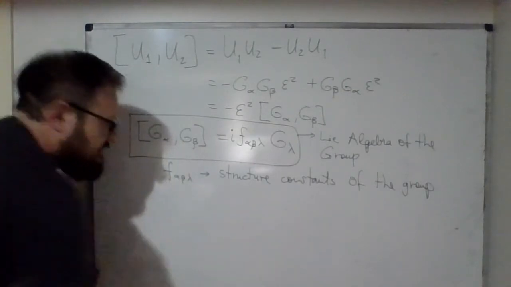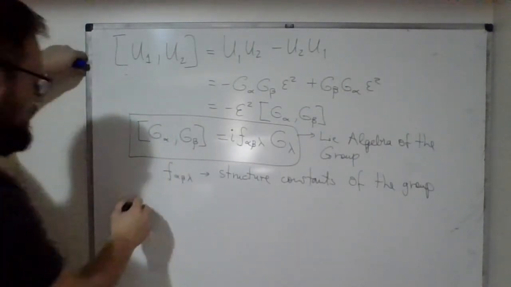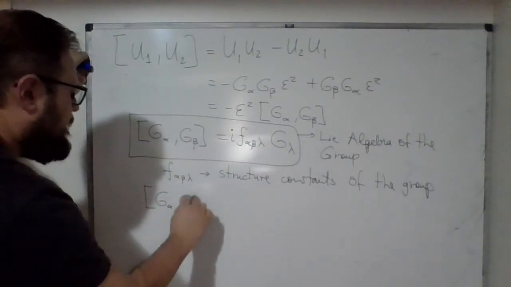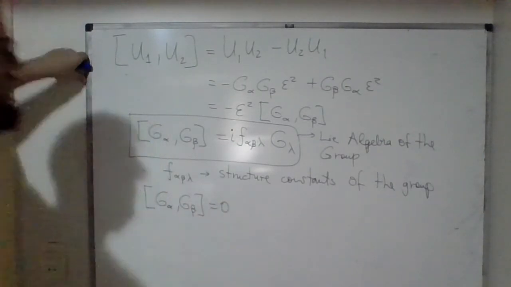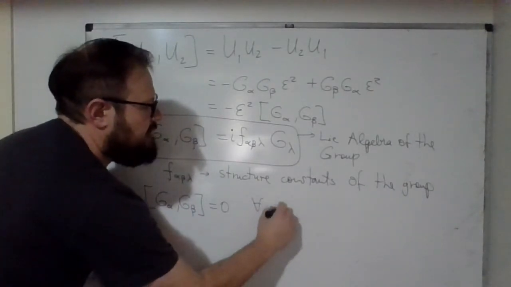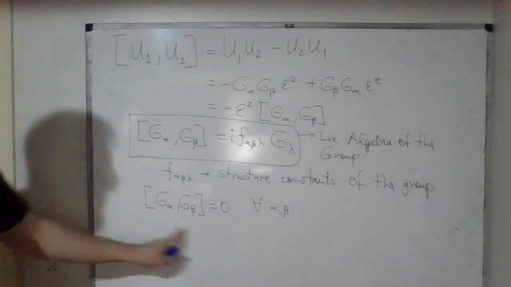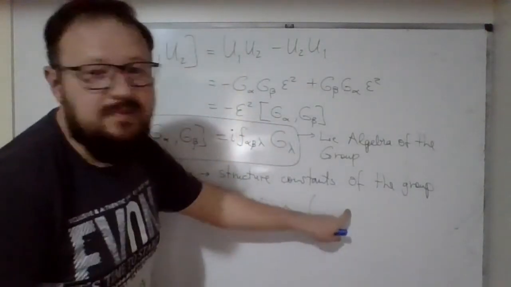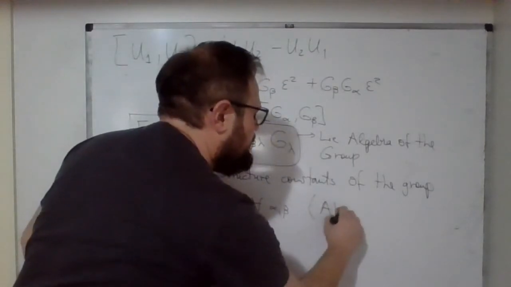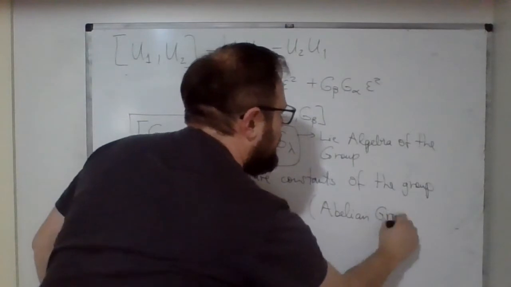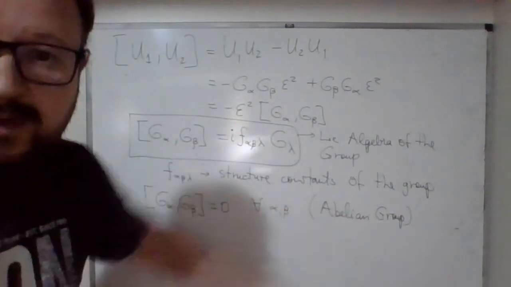Well, first let me just say another thing. If the generators in a group all commute with each other for all the alphas and betas here, if this applies, you are talking about an abelian group or commutative group.